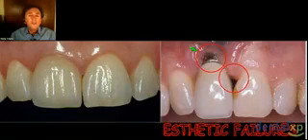The failures that you see in that screen where the arrow is pointing, on the labial in particular, have to do with the bone, it has to do with the tissue, it has to do with the restorative component.